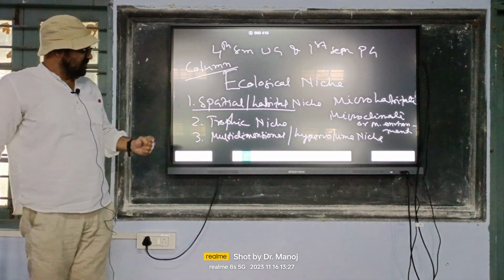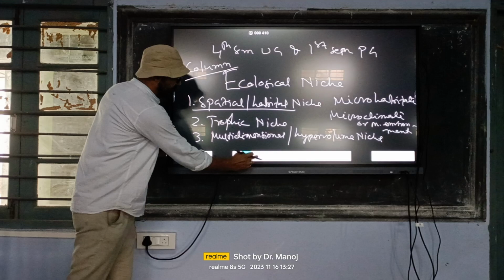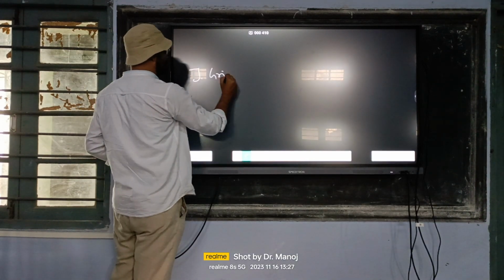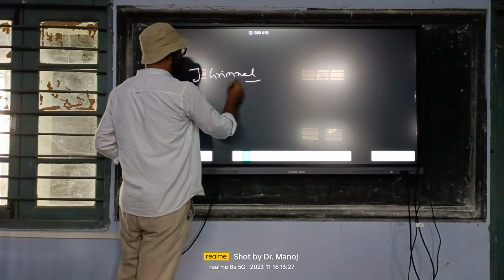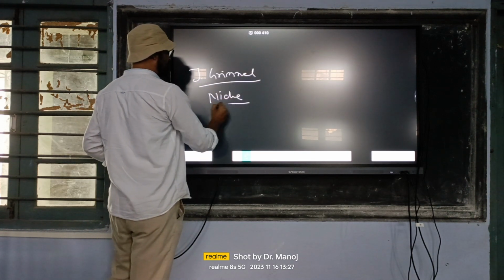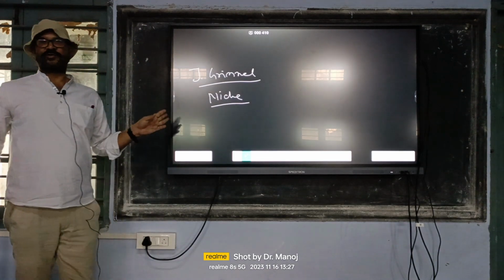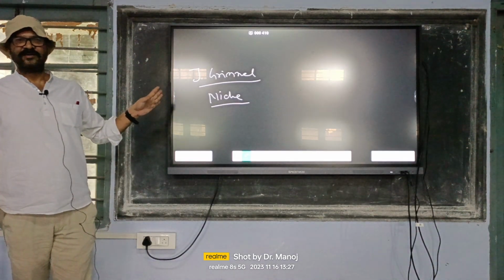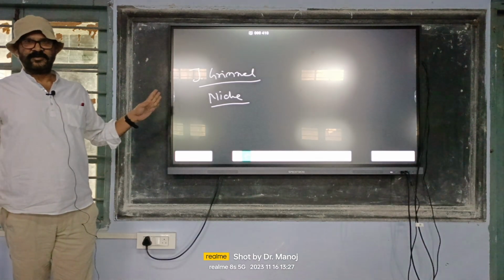It was Joseph Grinnell who coined the term niche to denote that microhabitat. Now it is called spatial niche or habitat niche.